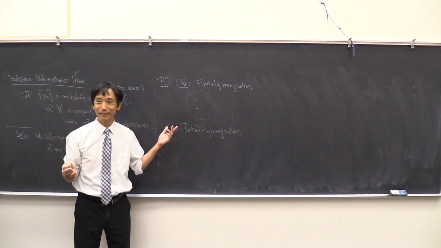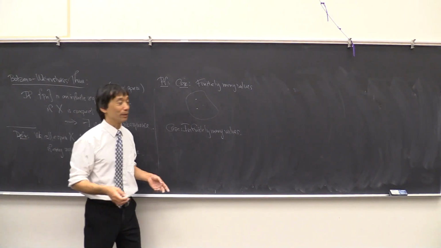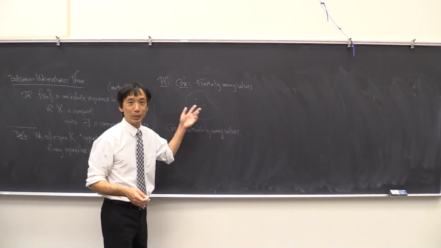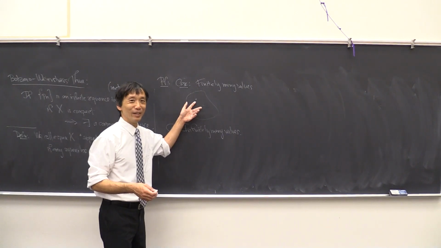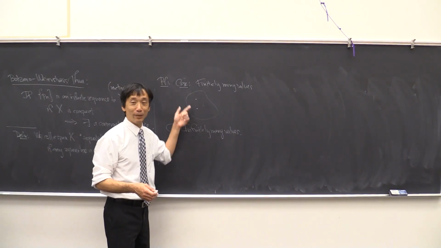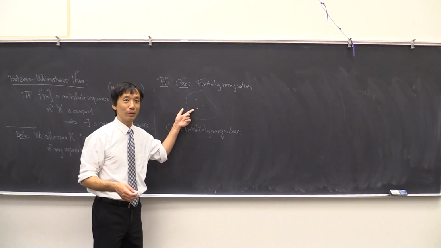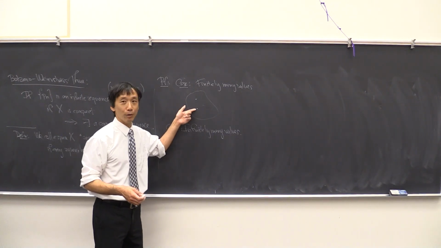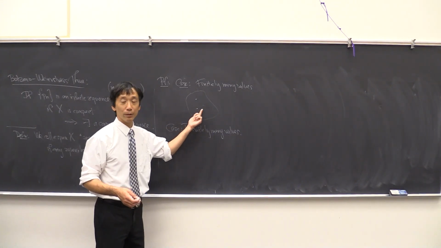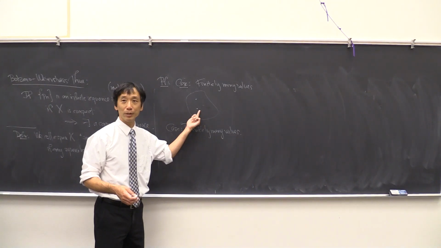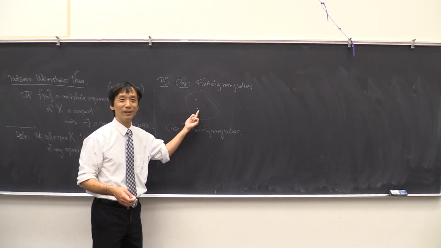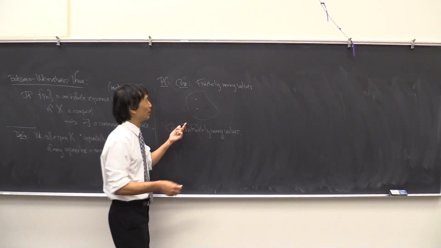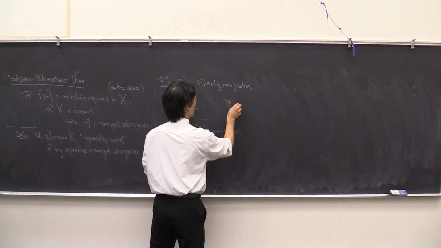The pigeonhole principle, right? You've got infinitely many pigeons, and you've got only 2 holes. One of the holes must contain infinitely many pigeons. So take that hole and take all the indices for that hole, and that's your convergent subsequence. It's a constant sequence.